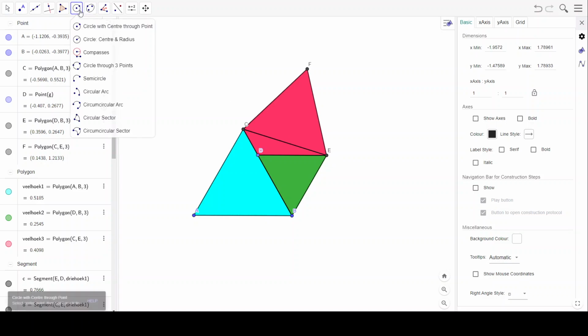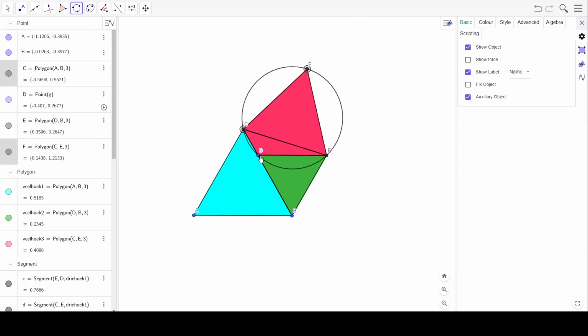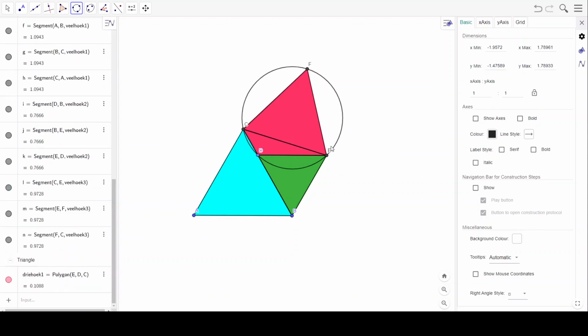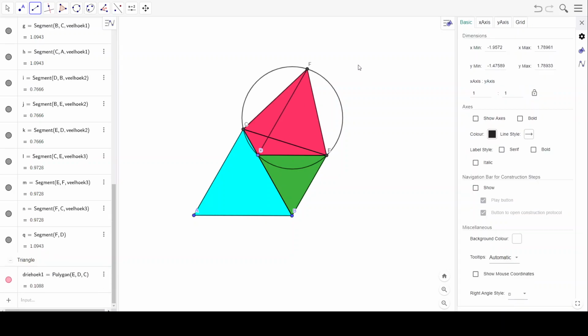So I can easily show that there's a circle which goes exactly through the 4 points. And this is very handy because if I draw this segment, then from the Thales theorem, this angle is equal to that angle, which is again 60.